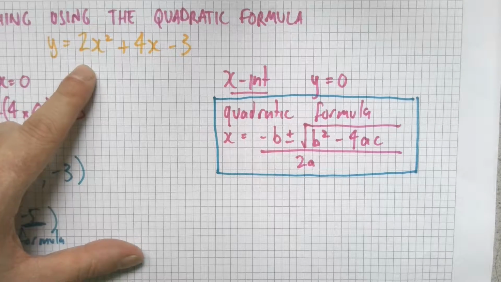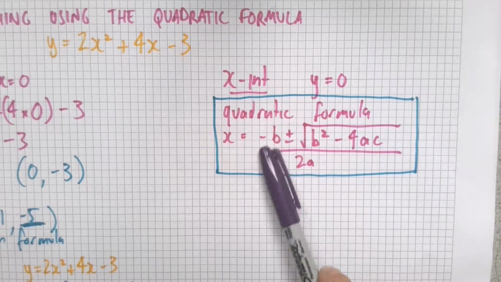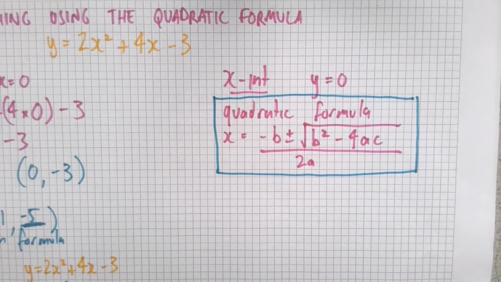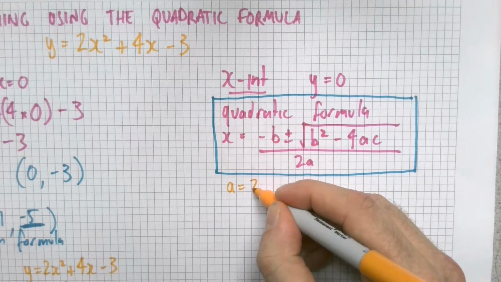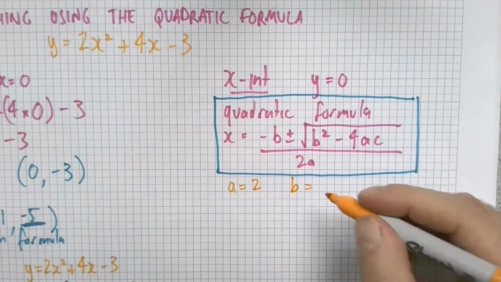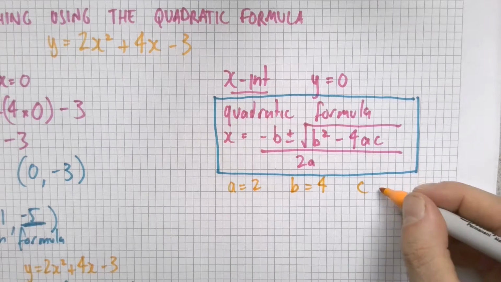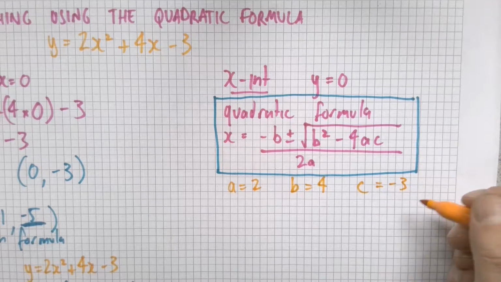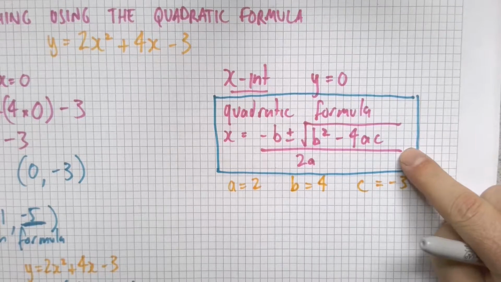So again, I'll just put it here so you can see that equation. We're looking at 2x squared plus 4x take 3. Now, what we're going to do is substitute the values of a, b and c into this equation. The value of a is 2, the value of b is positive 4, and the value of c is negative 3. Okay, so I'm going to substitute those values into the quadratic formula.